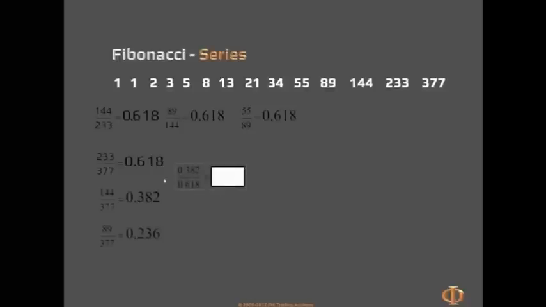Now look at this. If I divide 0.382 with 0.61, I get 0.618 again. If I divide 0.236 with 0.382, again I get 0.618. Now look at this. If I do the opposite, 377 with 233, I get 1.618.